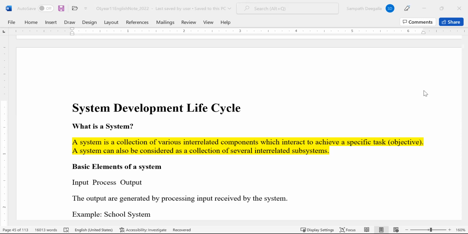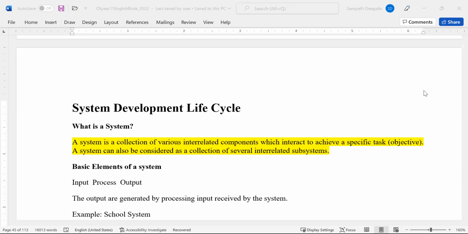So before we talk about information systems, we should discuss what a system is. So when you take a system, you can see related components and they interact with each other for a particular objective, right?